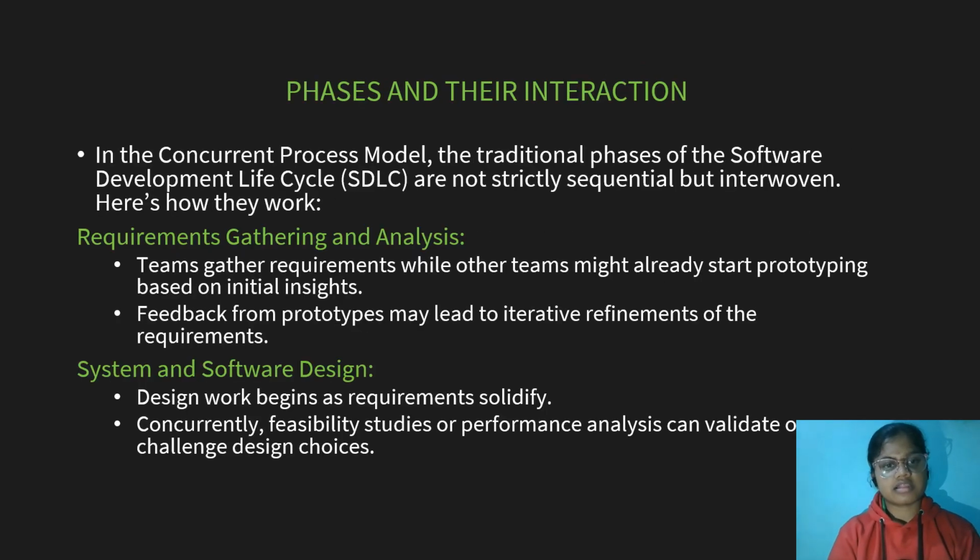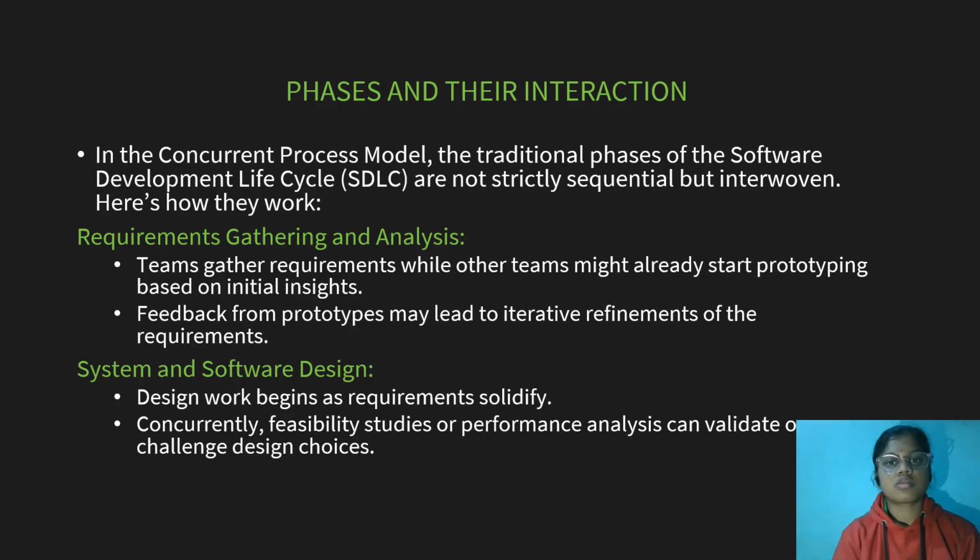Phases and their interaction. In the concurrent model, the traditional phases of the software development life cycle, SDLC, are not strictly sequential but interwoven. Here's how they work. Requirement gathering and analysis: requirement gathering is collecting information before we start the project.